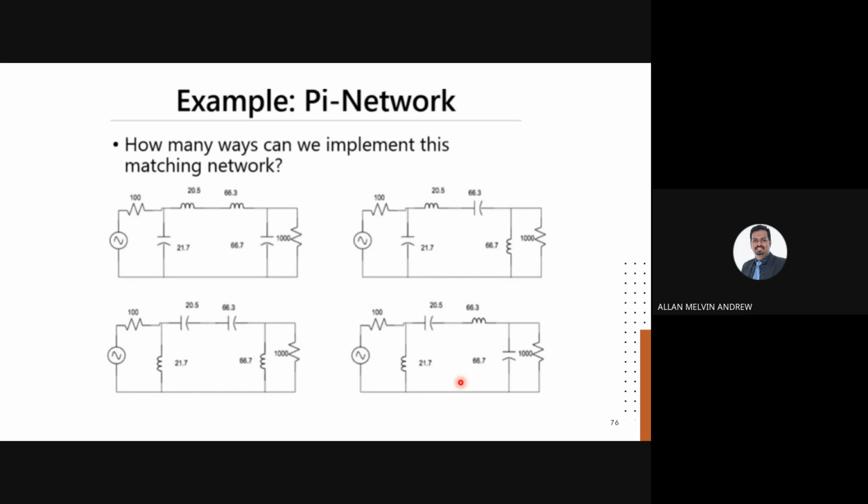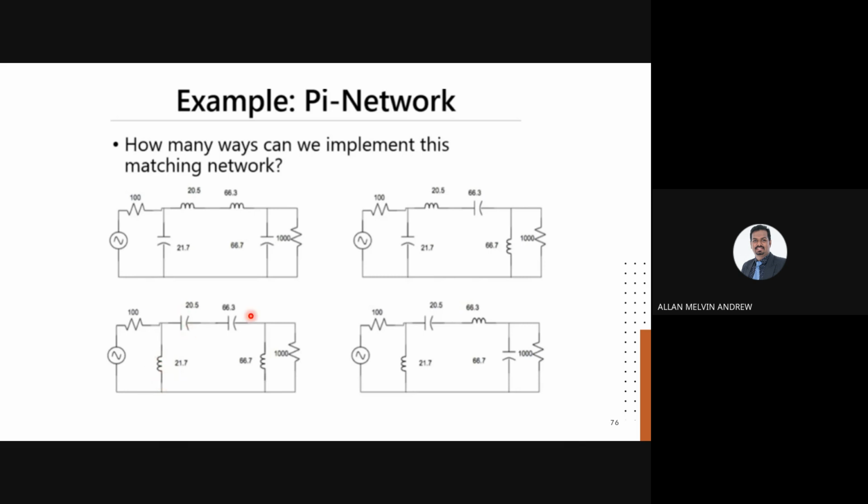So we can see here there are various types of setup for the pi network. You can have both inductance and capacitor at the sides, or this kind of setup, or this kind of setup.